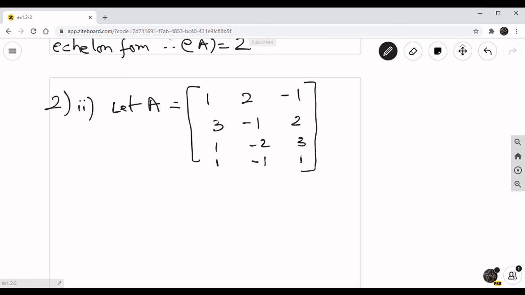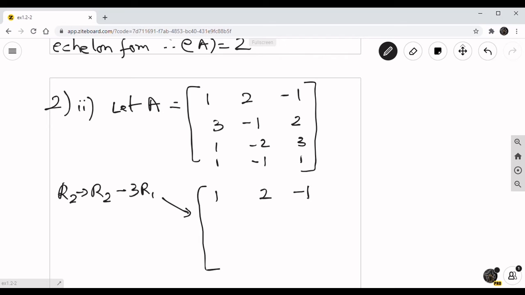In row 2 you have 3, and in row 1 the first element is 1, so 3 minus 3 is 0. Row 2 minus thrice of row 1. The first row is not disturbed; it is kept as it is. Row 2, we are adjusting.